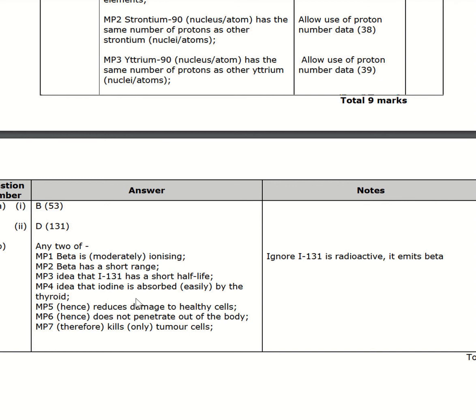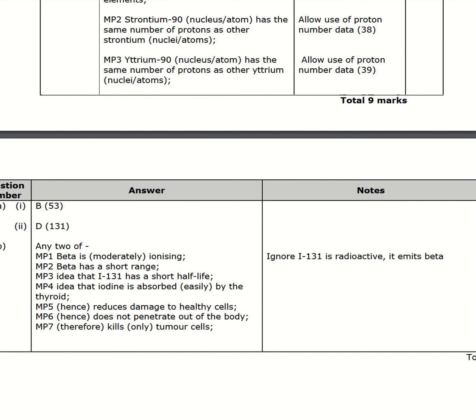The idea that iodine is absorbed easily by the thyroid, hence reduces damage to healthy cells. It does not penetrate out of the body, therefore kills only tumor cells.